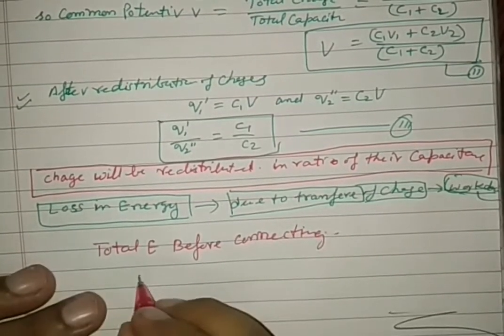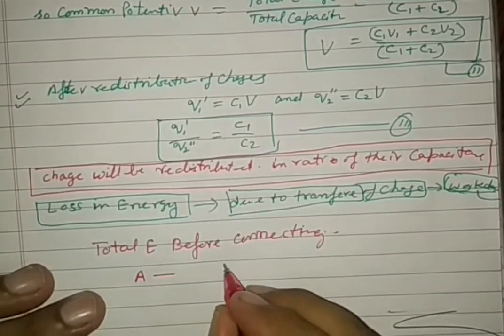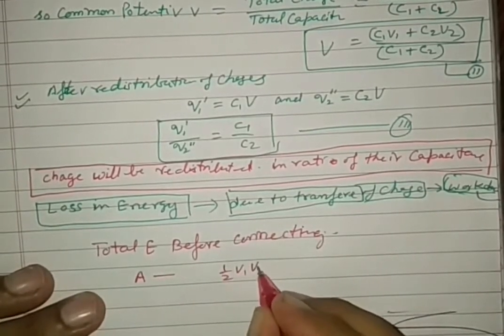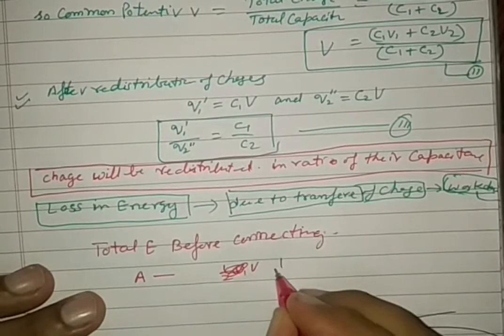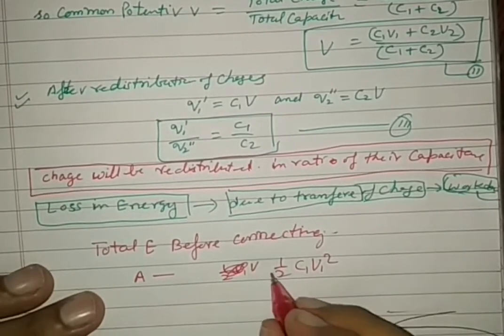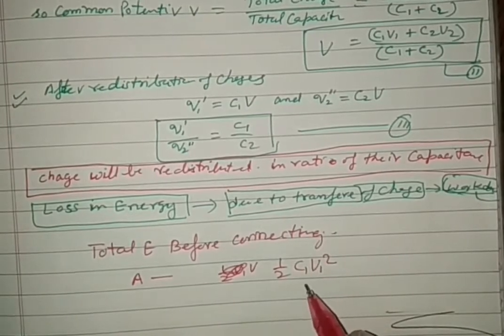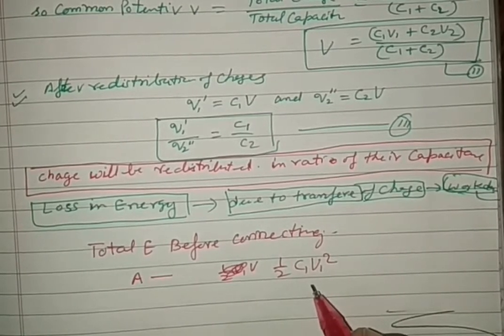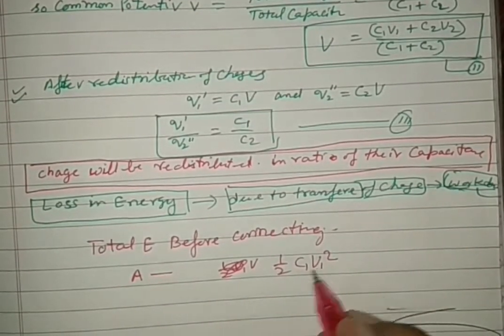What is the energy of A? Half C1 V1 square. Are you understanding why we derived the formula for stored energy, half CV square, for use up to here?